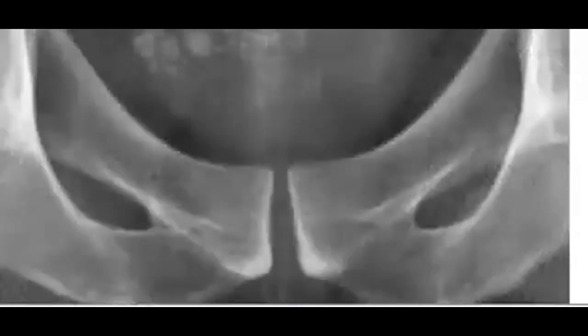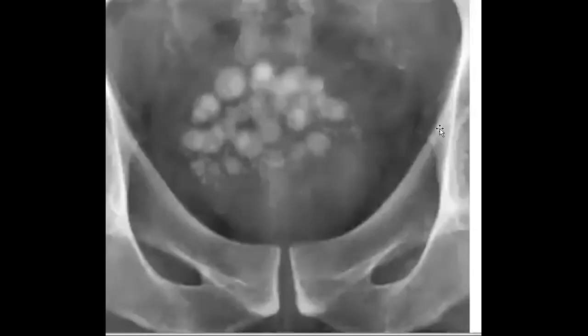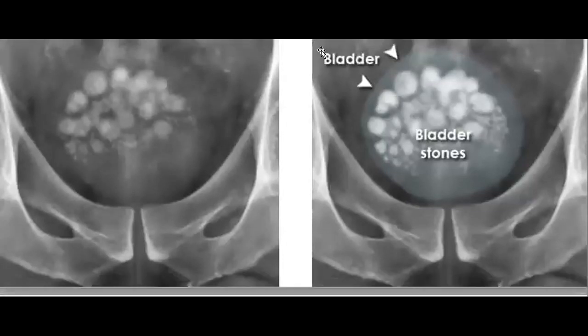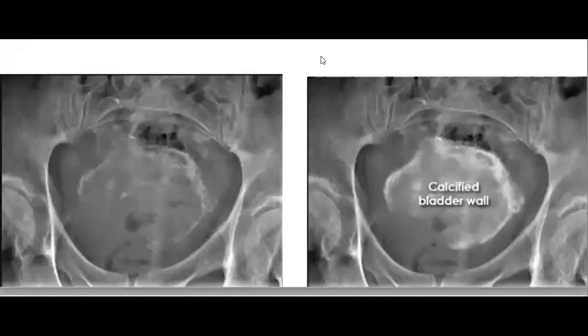Again, this is a urinary bladder stone, and this is multiple phleboliths. Dr. Ahmed Divan, thank you for sharing. And bladder stones have many shapes. Sometimes it can give you a familiar shape of something in your life, or maybe something you eat.